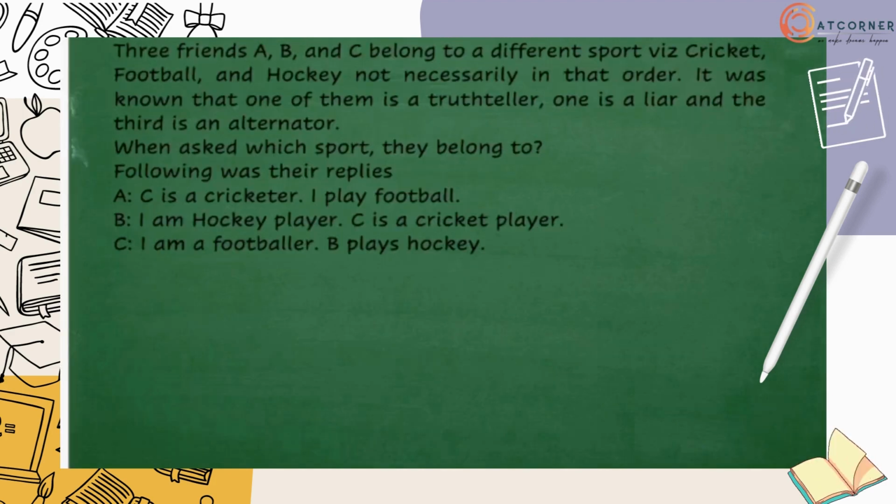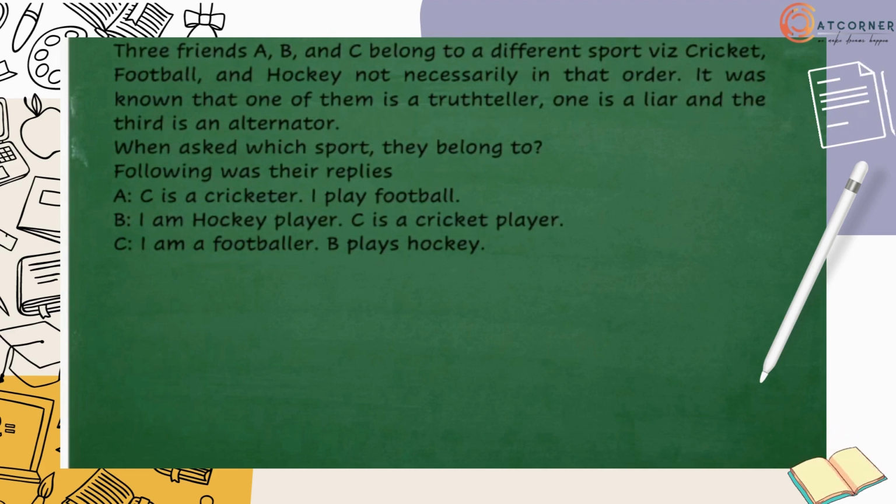Now, the most frequently asked question in binary logic is when they do not give you any specific condition. For example, there is a question: three friends A, B, and C belong to different sports, cricket, football, and hockey, not necessarily in that order. It was known that one of them is a truth teller, one is a liar, and the third is an alternator.